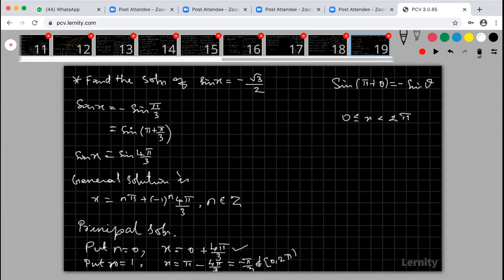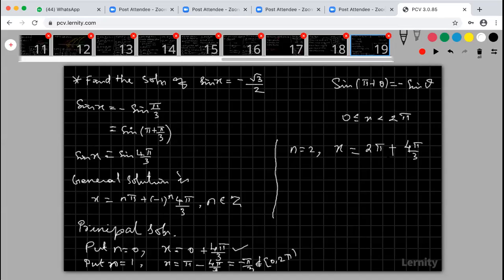If possible, you can apply n is equal to 2. Put n is equal to 2, what happened? So this is x is equal to 2 pi plus 4 pi by 3. Look at that.